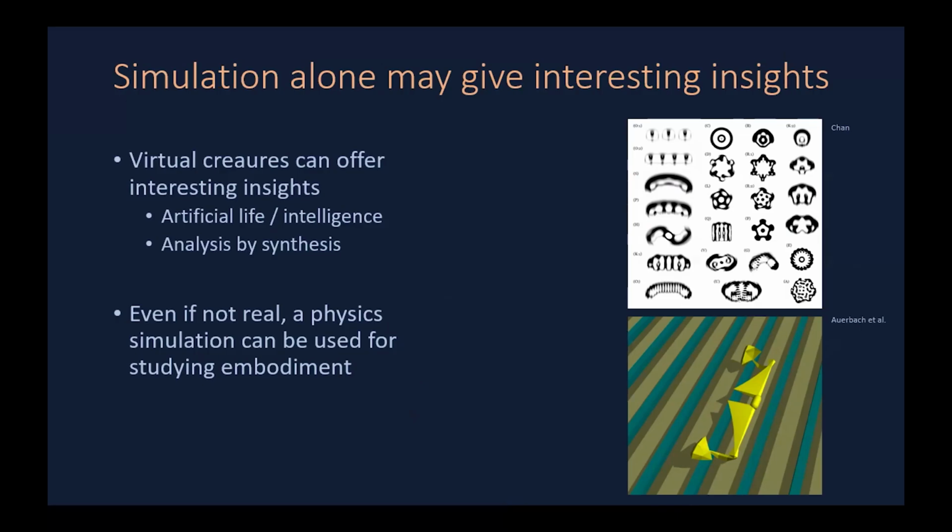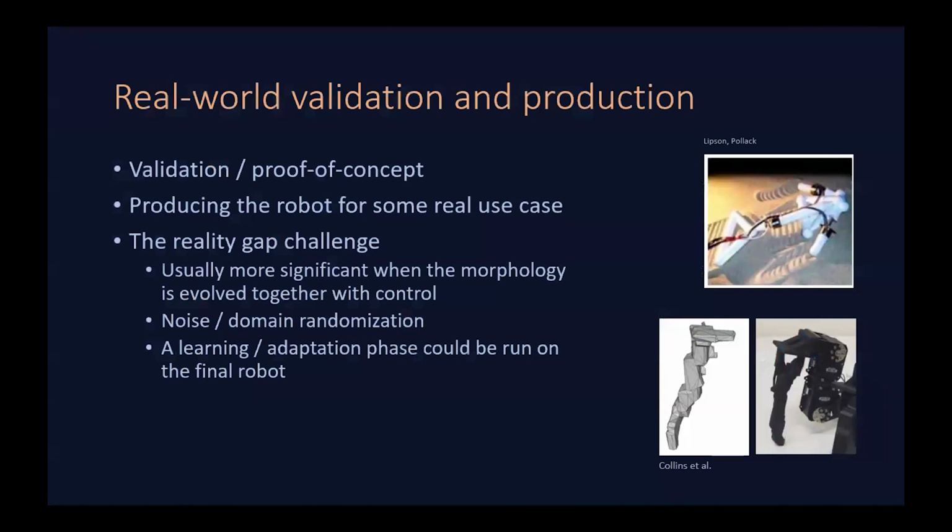And there was a very interesting paper by Auerbach on how the complexity of evolved robot shapes correlates with the complexity of the environment. By the way, this is one of the examples of evolving just the shape of a body part to be used on a real robot, on the bottom right there, from Collins.